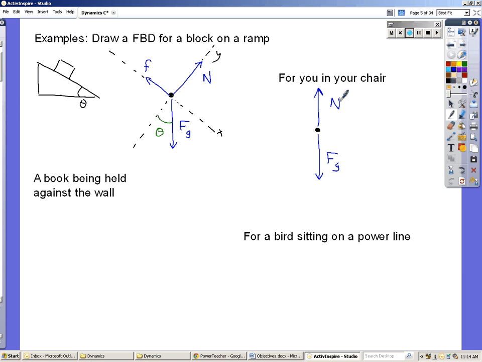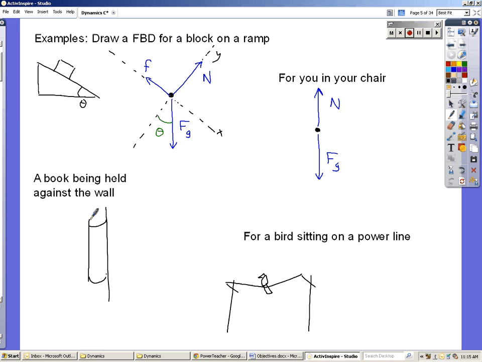Now here's a couple others. A bird sitting on a power line. I'll draw a picture. And one thing I'm going to check tomorrow is have you drawn a free body diagram for that? And then also a book being held against the wall.